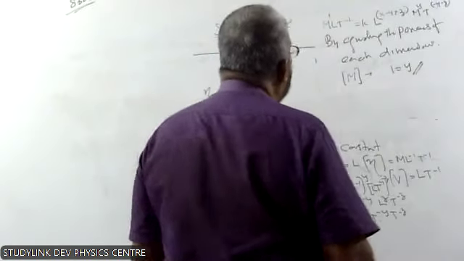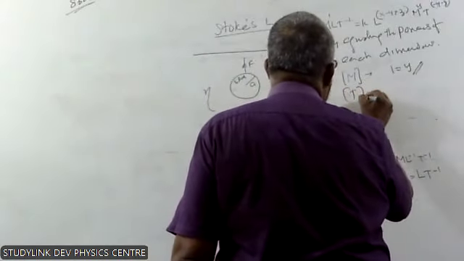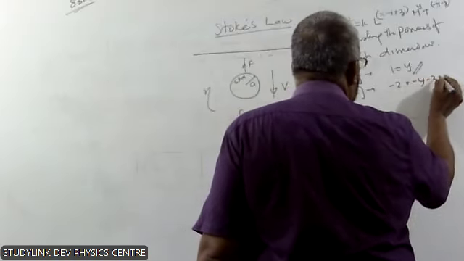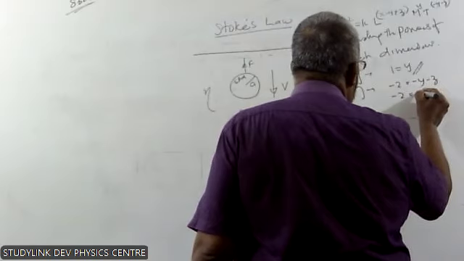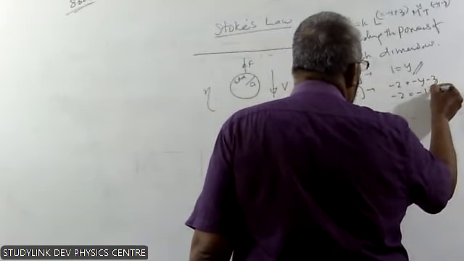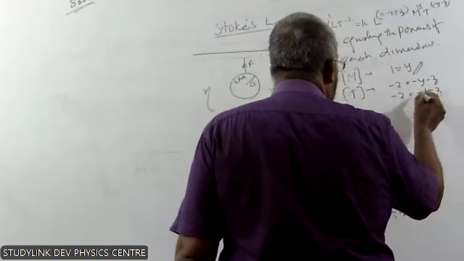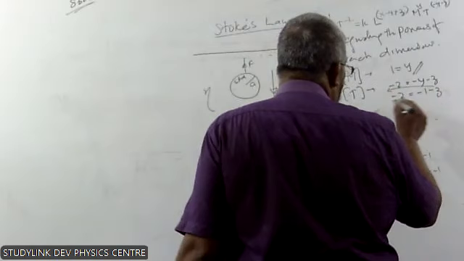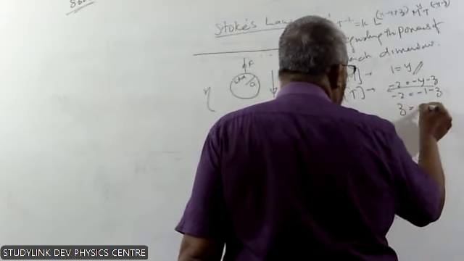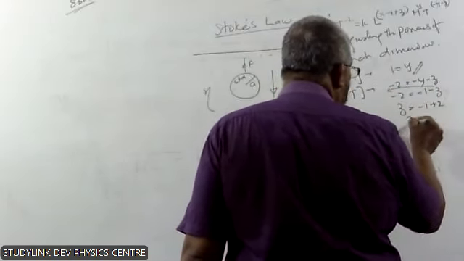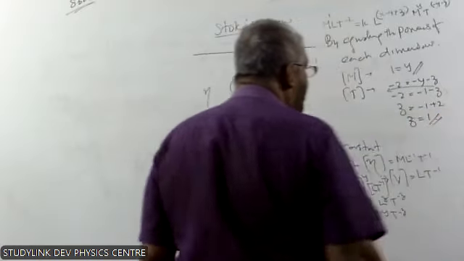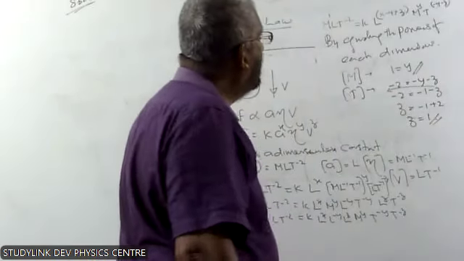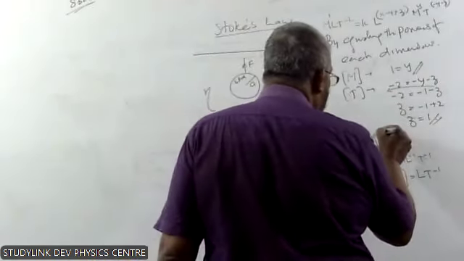Then we'll consider T. Then you get minus 2 is equal to minus y minus z. Minus 2 is equal to minus 1 minus z. Then z is taken to the left. z is equal to minus 1 plus 2. So z is also equal to 1. Then we want to find the other one, L. Now you consider L here.